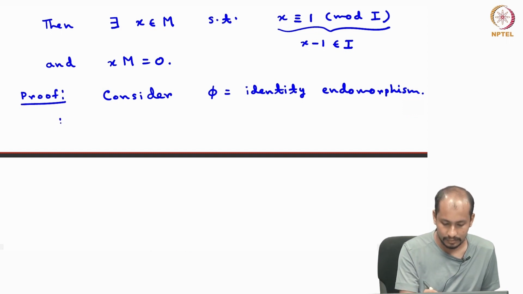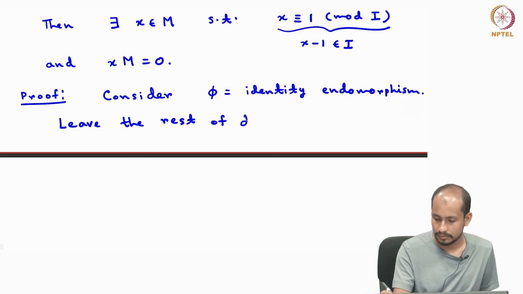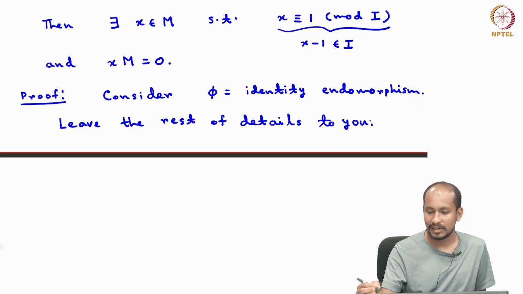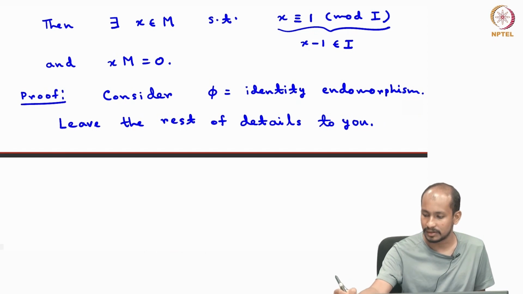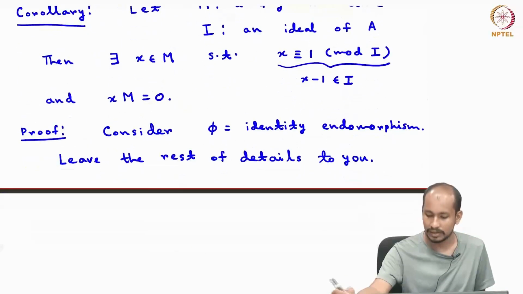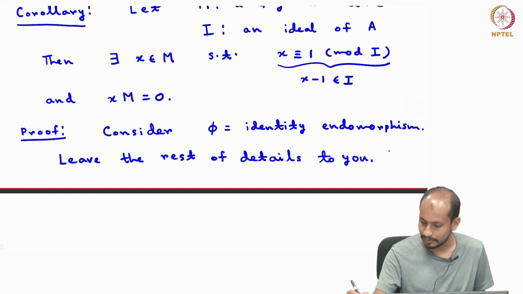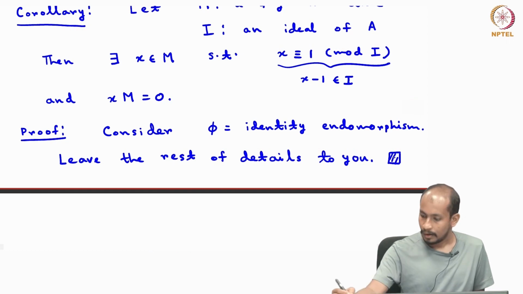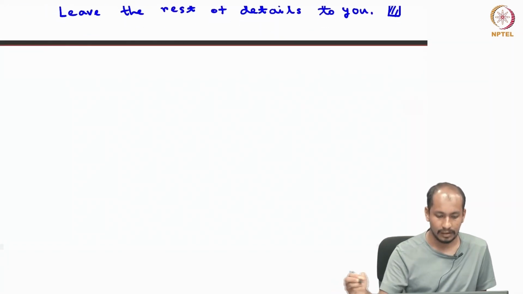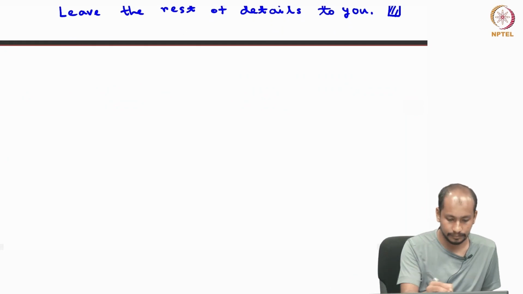The other parts are an easy consequence of the previous theorem. Just consider this phi to be the identity endomorphism from M to M. Now I will state the Nakayama's lemma.